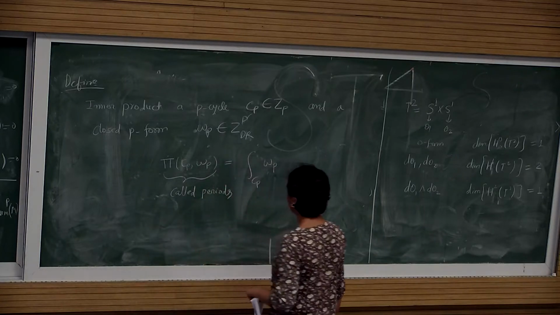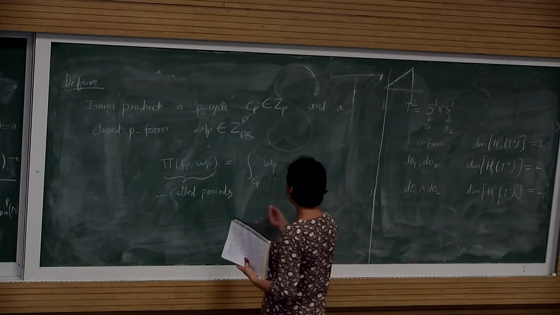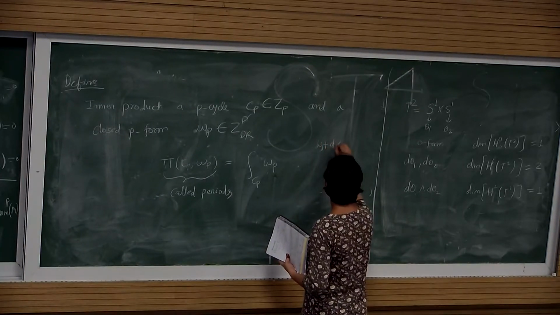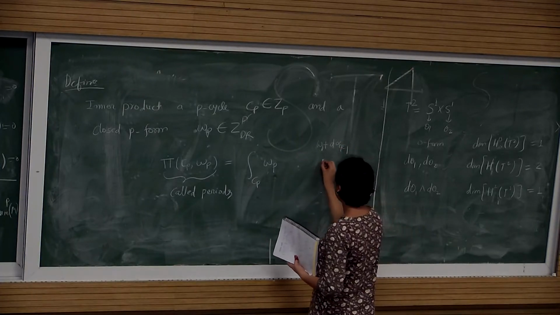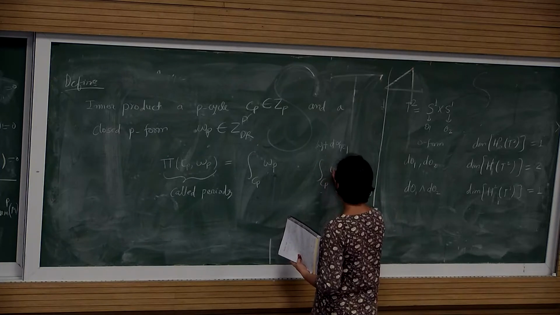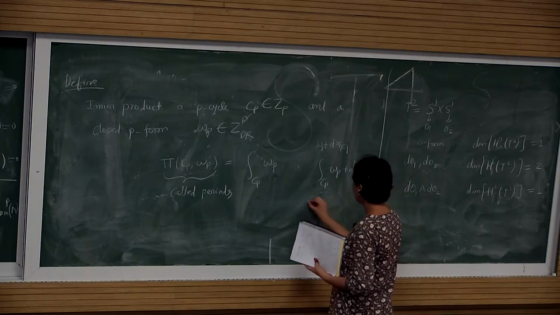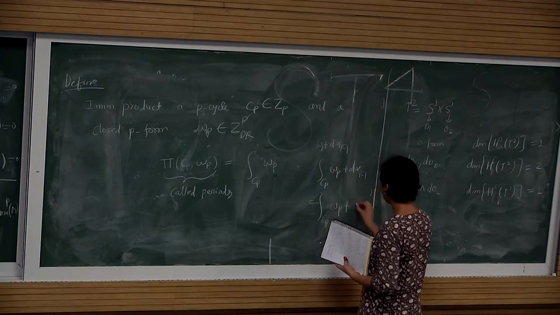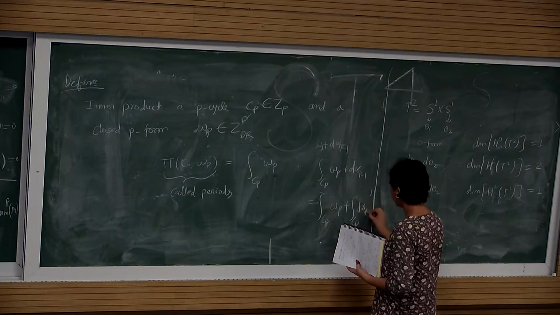Okay. And we are able to do that because, let us say, if I take some omega p plus d alpha p minus 1, which is kind of similar to omega, then the integration over Cp of d omega plus d alpha p minus 1 we can write as the integration over Cp of omega p plus the integration over Cp of d alpha p minus 1.